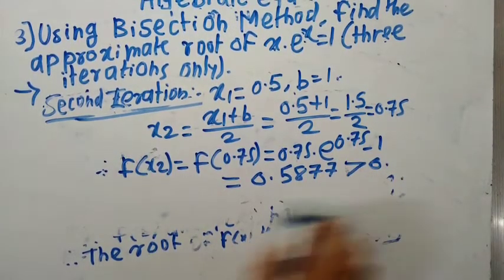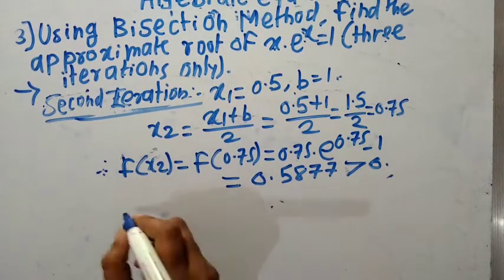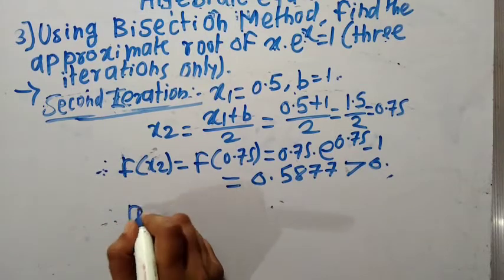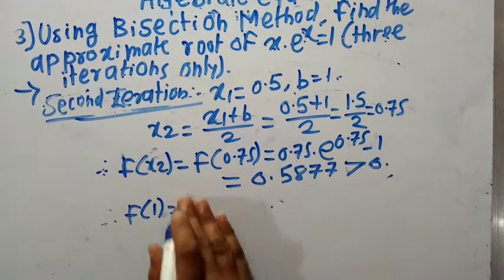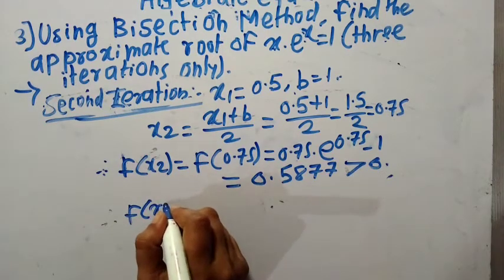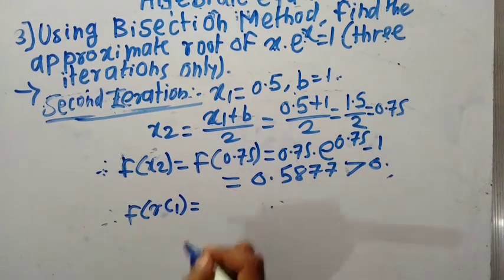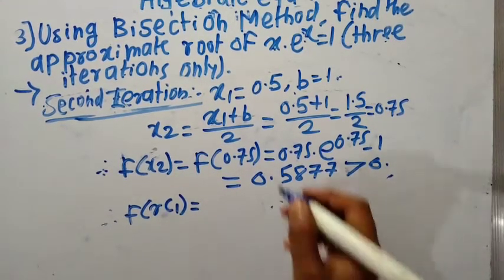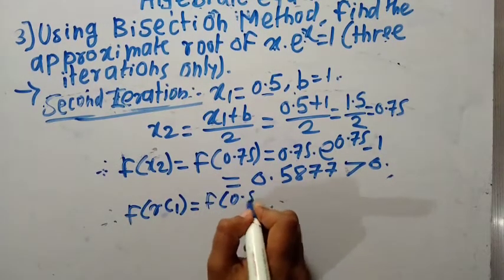Then find out f of x1, f of x2. Where x1 is 0.5.